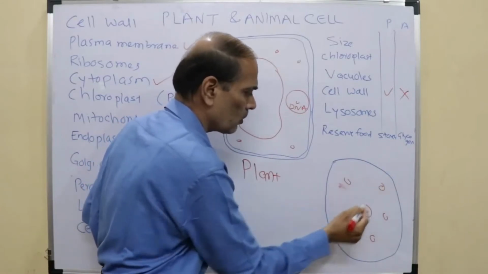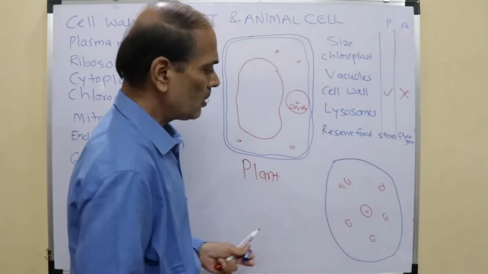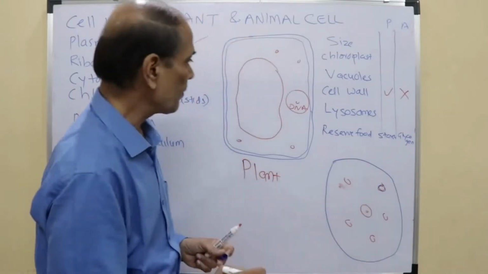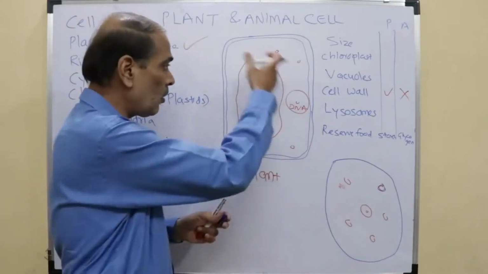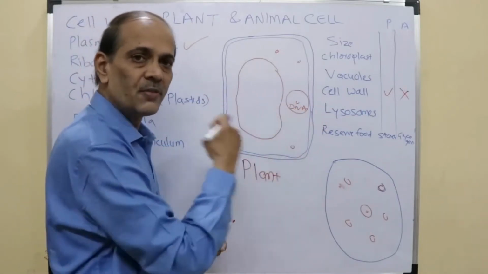I use two different color paints. If I call this a vacuole and these are ribosomes, this vacuole sometimes occupies even up to 90% of the volume of the plant cell. That's the reason the nucleus is shifted to one side.